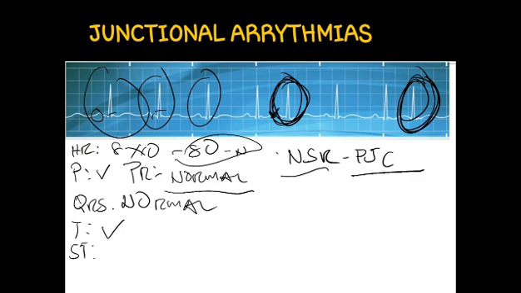Okay, so normally your PJCs are actually a result of overstimulation of your vagal nerve. Another cause is a problem with your sinoatrial node, that it fails to fire impulses, and also extreme irritability of your junctional area.